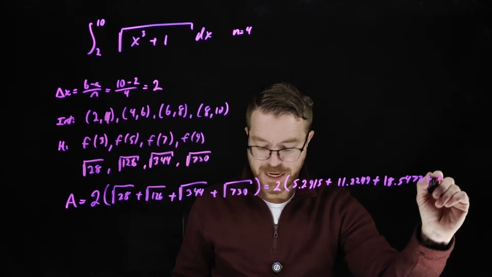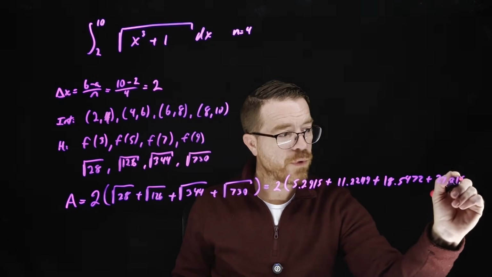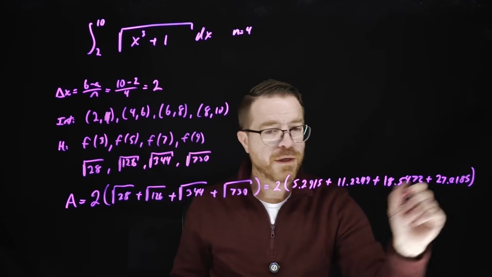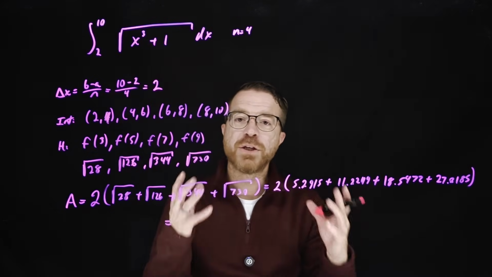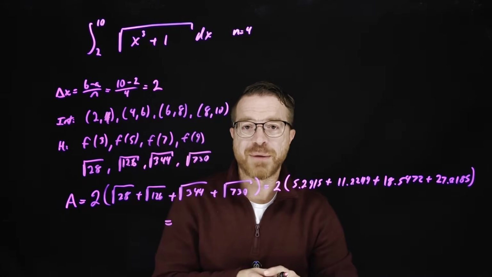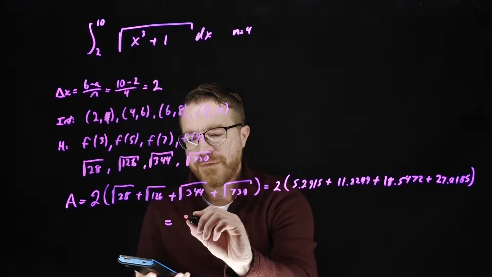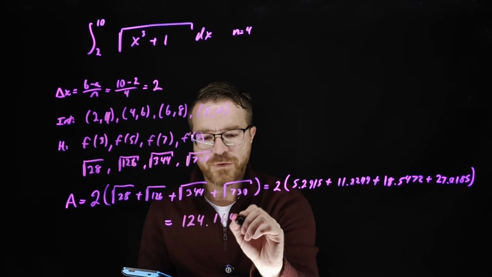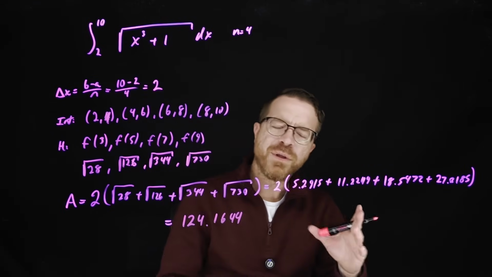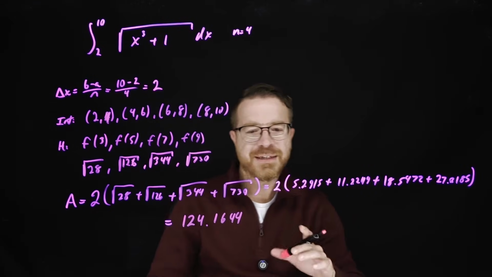And then the last one I have 27.0185. So I'm just going to plug all this into my calculator and see what our actual area is using 4 subintervals and the midpoint method. Plugging this in, I got a value of 124.1644.